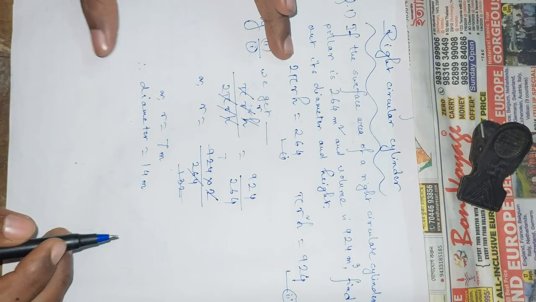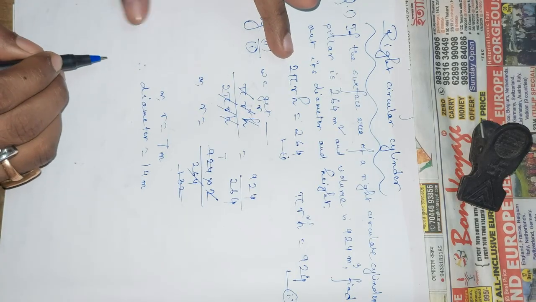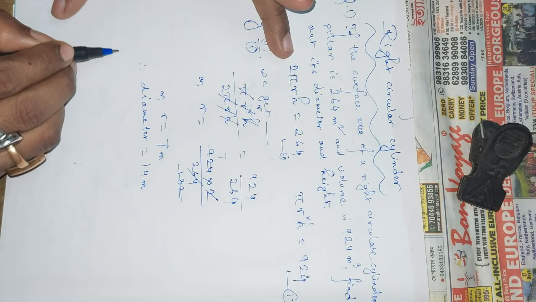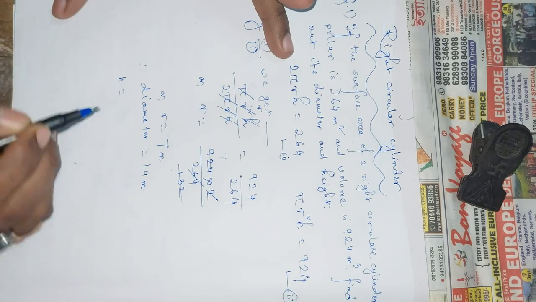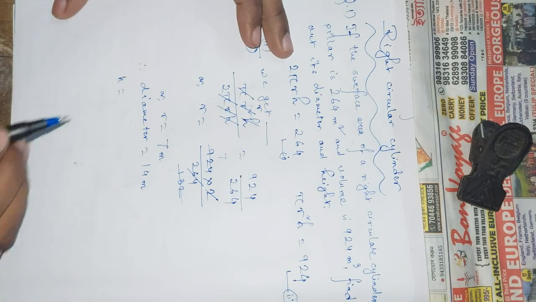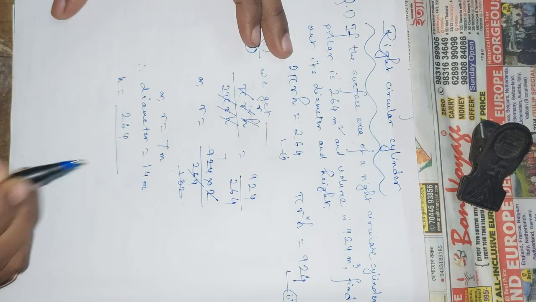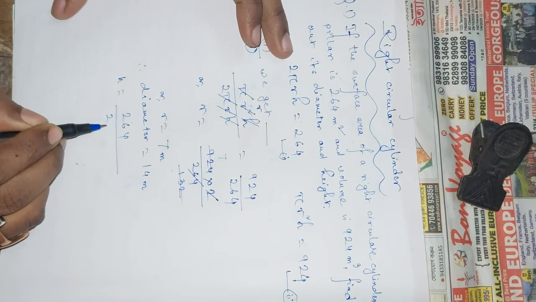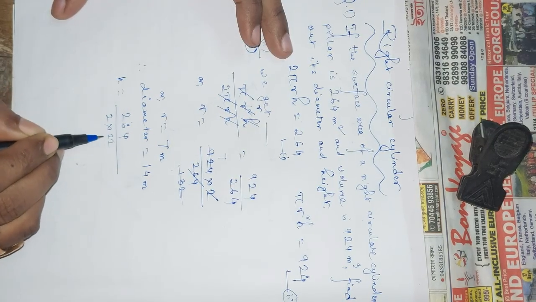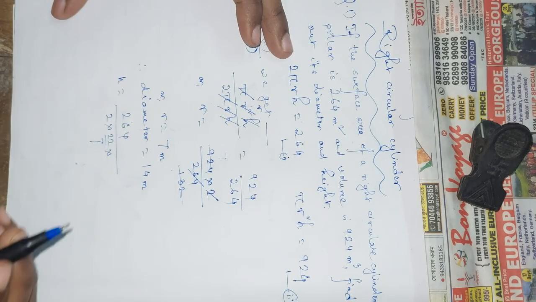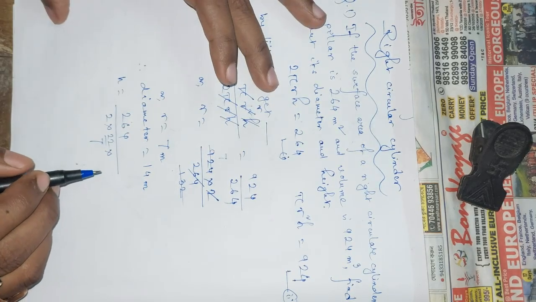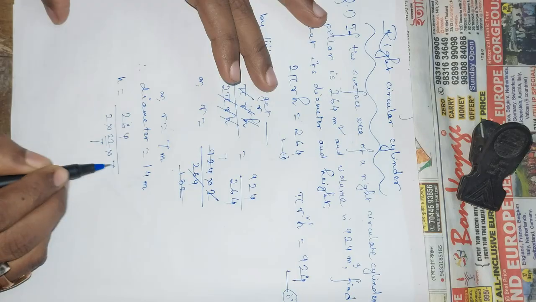So from equation 1 we can write h is equal to 264 by 2 into 22 by 7 into r, that is 7.